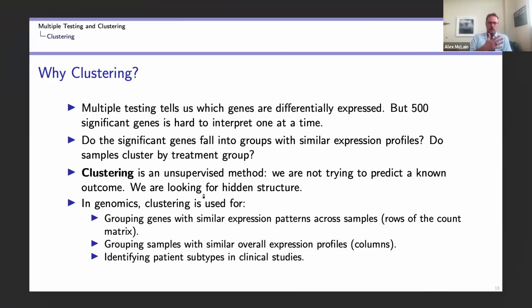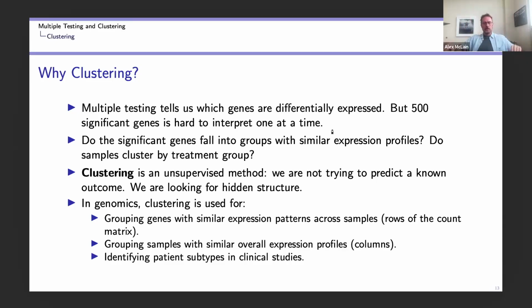We talked about multiple testing, something that's going to be useful to tell us which genes are differentially expressed. But in this situation, we get tons of significant results. Even if we just got 500, it's hard to interpret one at a time. So let's say we're interested in the top 500.